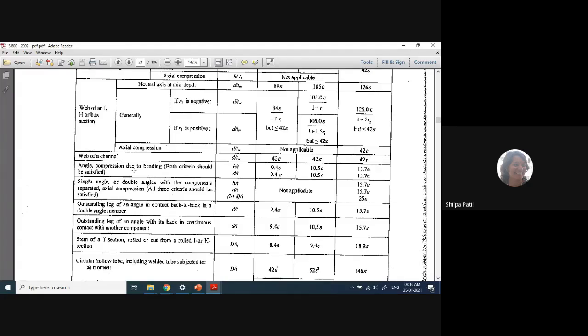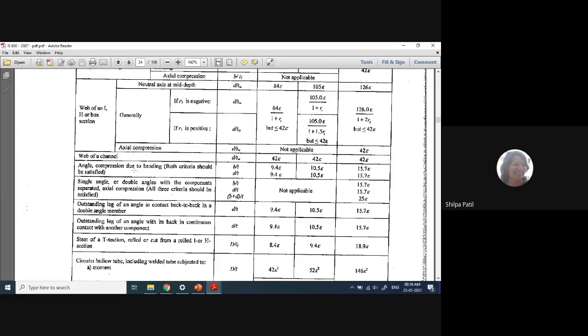Axial compression means I have considered three cases here. One is the strut, a member of a truss, which is always subjected to axial compression. This angle section, if we are using it as a column, very rarely we use it as a column.